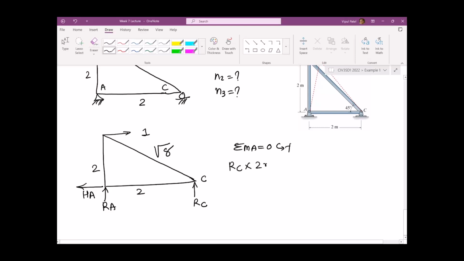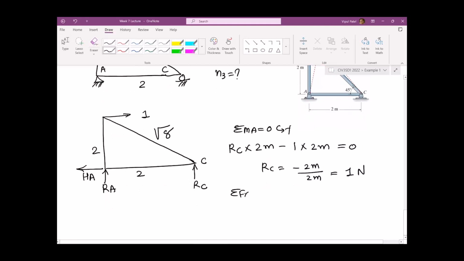RC times 2 meters minus 1 times 2 meters equal to 0. So RC equal to 2 meters over 2 meters equal to just 1. So RC equal to 1 newton.